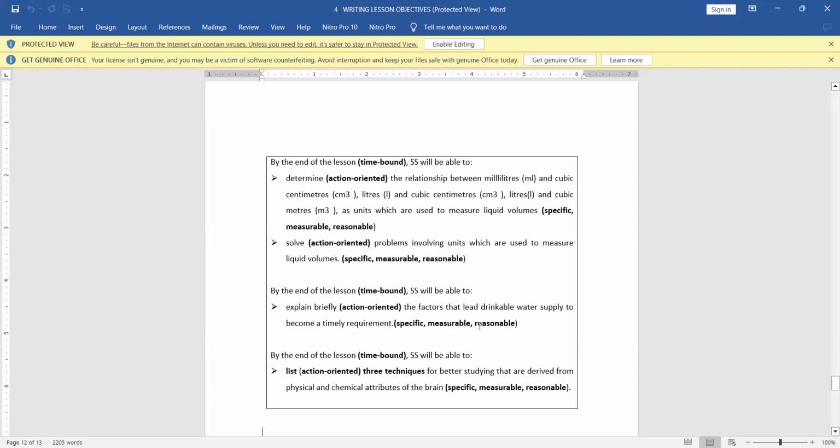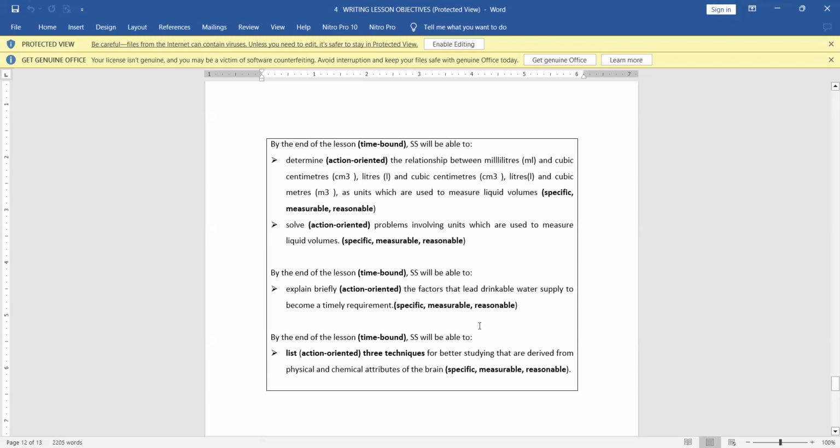Can I get one of you to read the next one? By the end of the lesson, it is time bounded. Students will be able to explain briefly, which is action oriented, the factors that lead drinkable water supply to become a timely requirement.